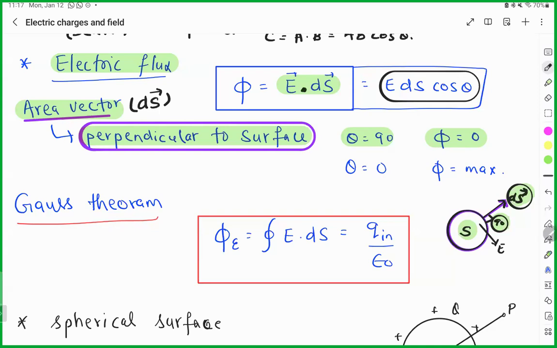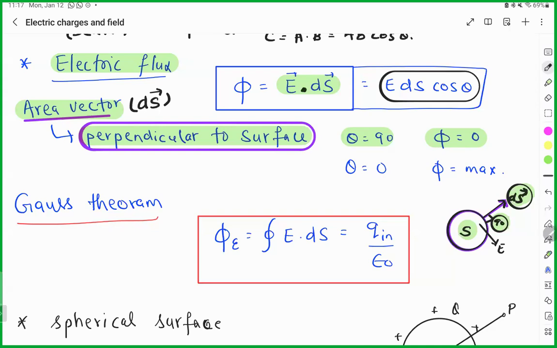You will have maximum electric flux. Now rotate your phone at a 90-degree angle and pass the same lines. All the lines will pass alongside it. So in this situation, electric flux will be 0.